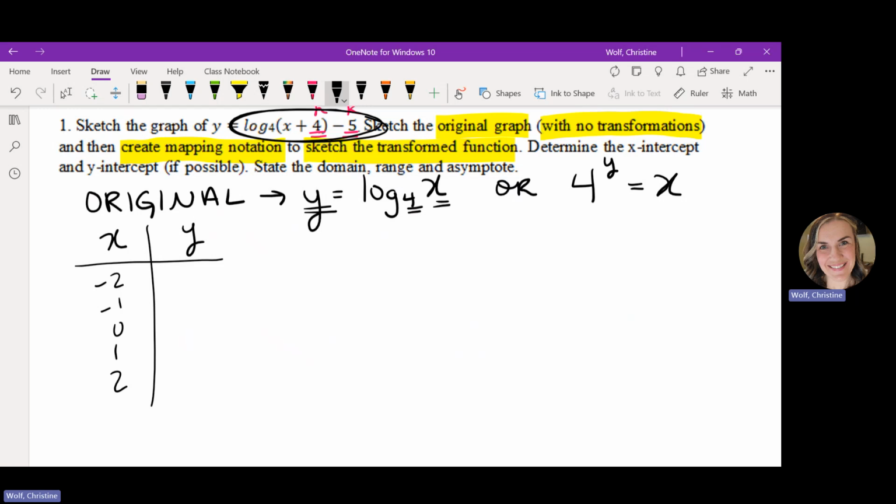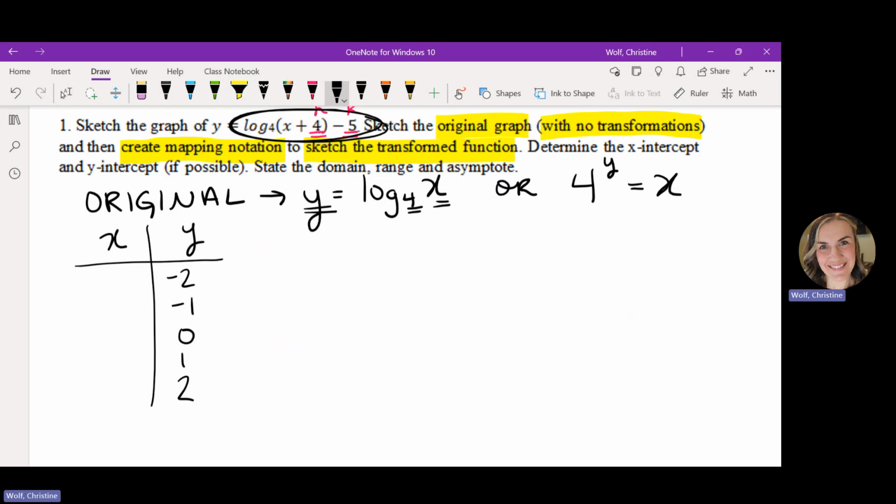But we have to remember that the graph of a log is an inverse function. When we are graphing an inverse function, everything swaps. Everything we do is backwards. So the -2, -1, 0, 1, and 2 will be my y's. Everything is opposite of what we're used to.